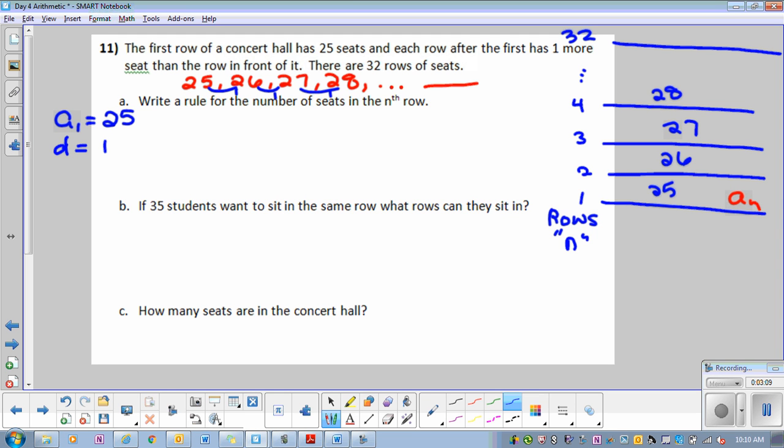So writing a rule, this is talking about your explicit rule, okay? And if you look on your color sheets there, your tan color sheets, right under arithmetic, that first formula, that's your explicit. That's the one we're going to use. So a sub n equals a sub 1 plus n minus 1 times d.